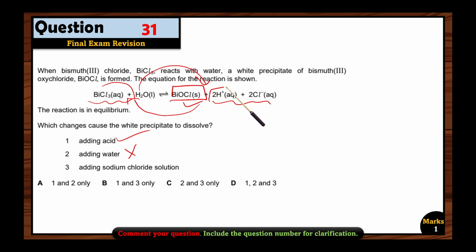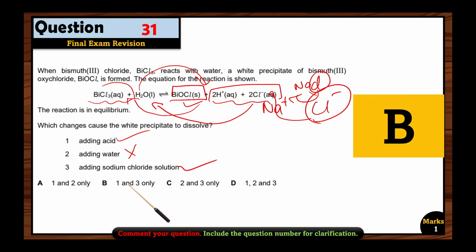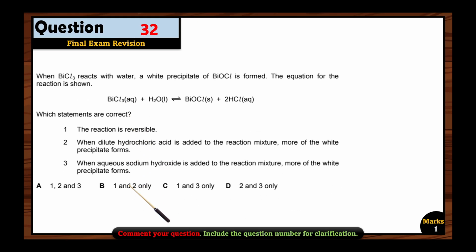HCl and NaCl give more sodium and chloride ions. So when you have more chloride ions, again the equilibrium will shift towards the left side. So that's why option 3 is also a right option. So 1 and 3, that is option B. So option B is the correct option.